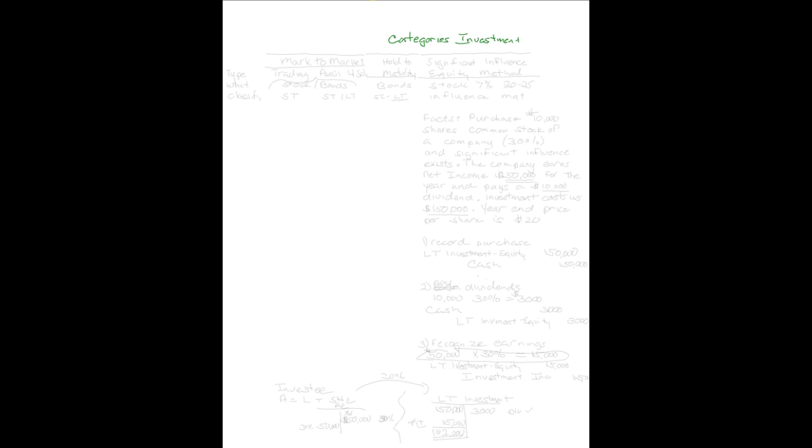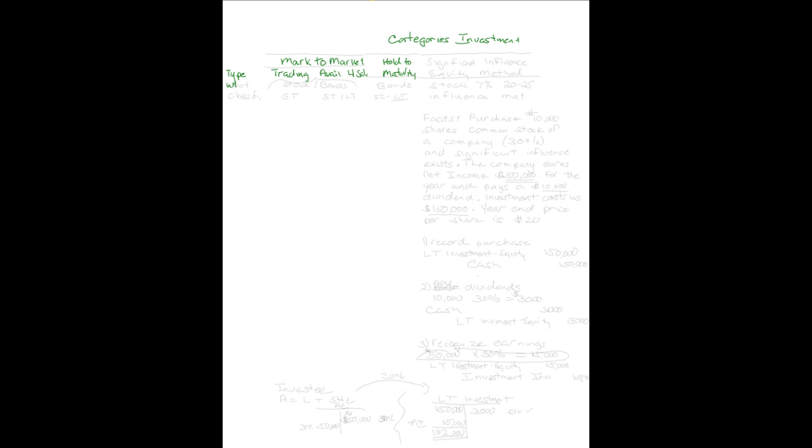In our first category, we have the two types of investments we mark to market, that year-end adjustment, and that is trading and available for sale. So this is the type of investment. We also had hold to maturity.